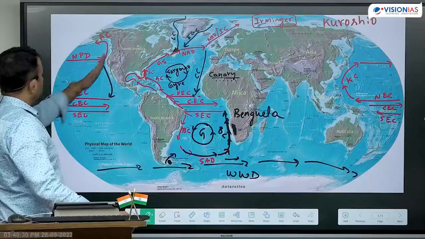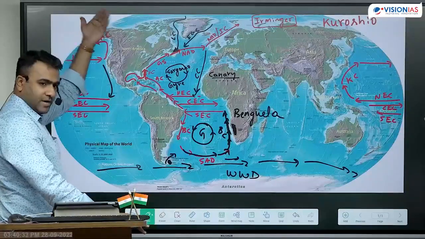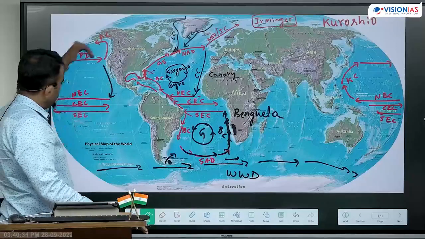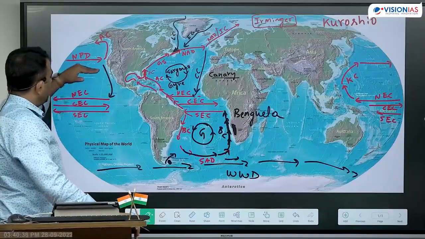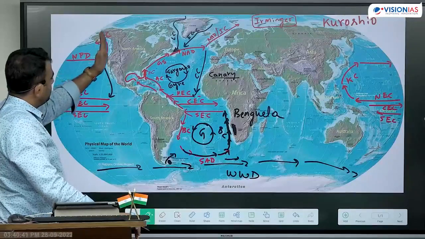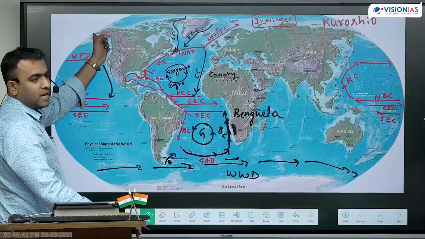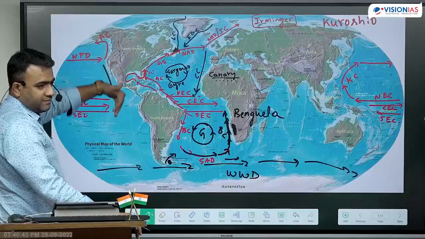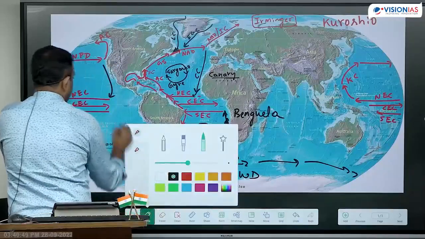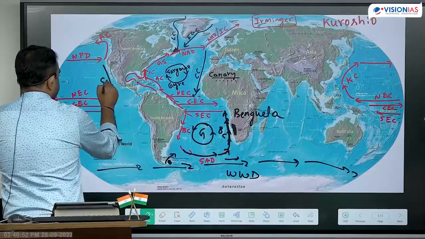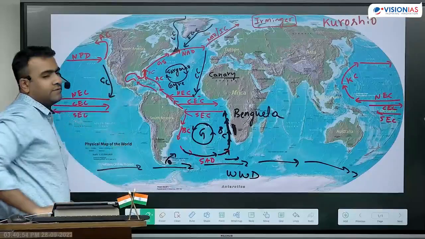Because there is a warm water moving into the area of cold, it becomes warm current. The same water moving into the much warmer area, it becomes a cold current. Okay, the North Pacific drift gets bifurcated into two parts. One is warm Alaska current and second one is cold Californian current, because it is flowing along the coast of California.